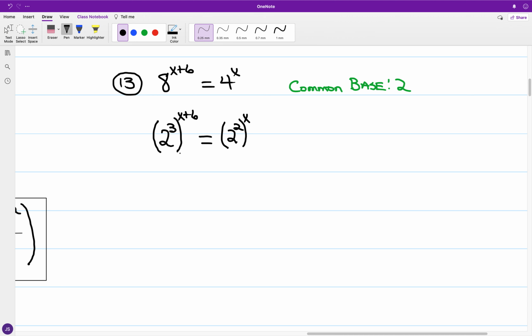Again, just dealing with the power property of exponents: for a base to a power, we take the product of the powers. So you have 2 to the 3 times all of x plus 6, and for 2 to the second to the x, this will be 2 raised to the 2 times x power.